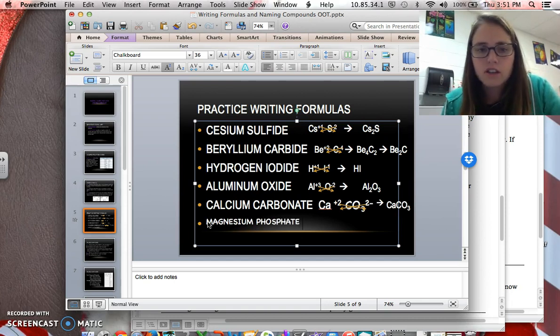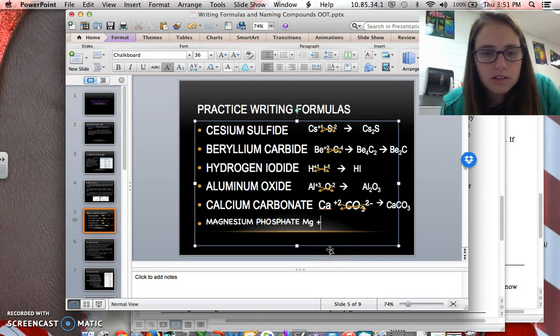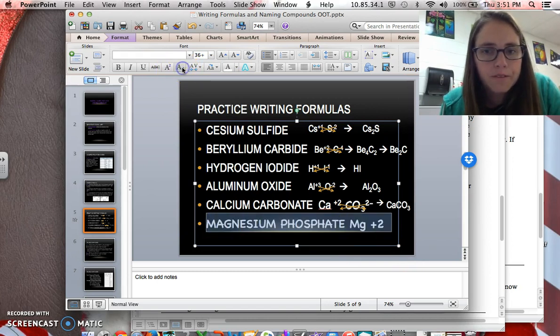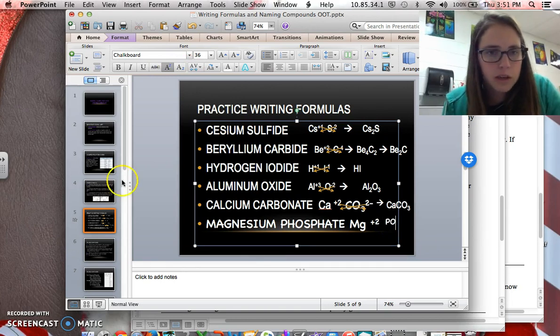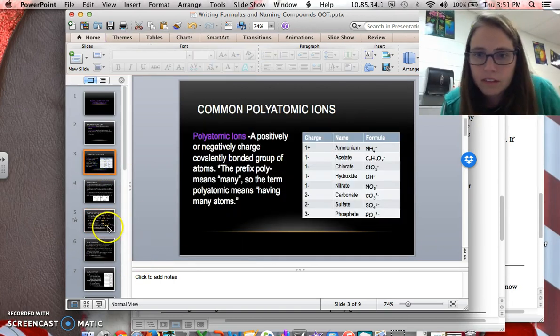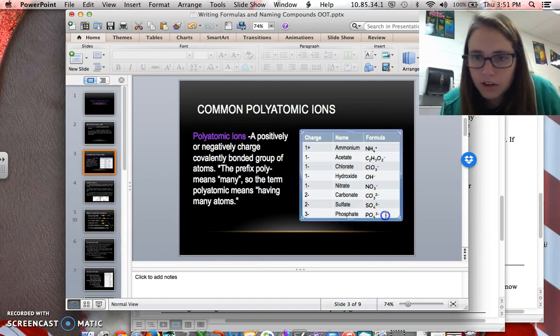phosphate. All right, so magnesium is Mg. You know it has a +2 oxidation number, or charge. That's why these all look like this. It has a +2 oxidation number. And then we have phosphate, which is PO4 with a -3.